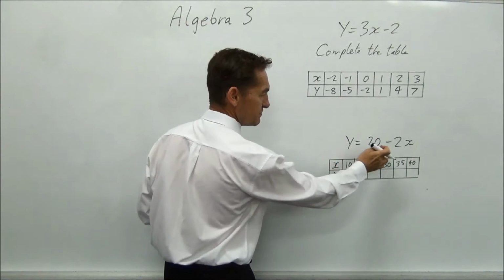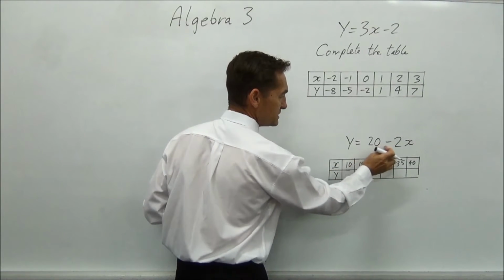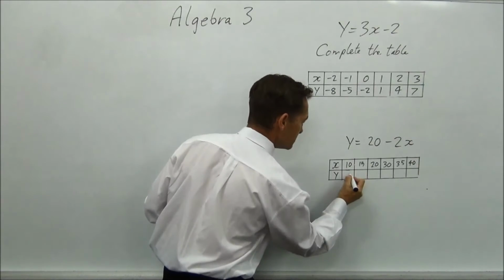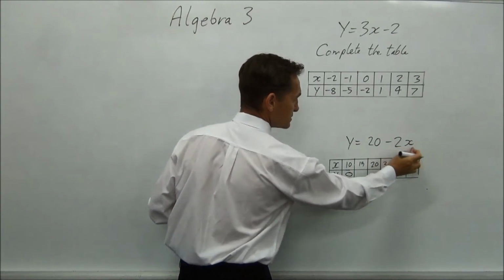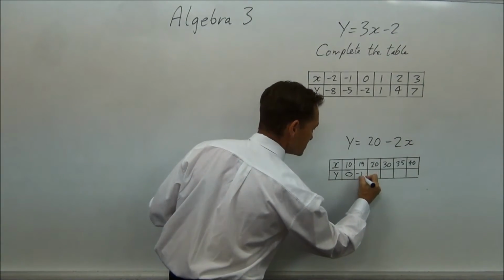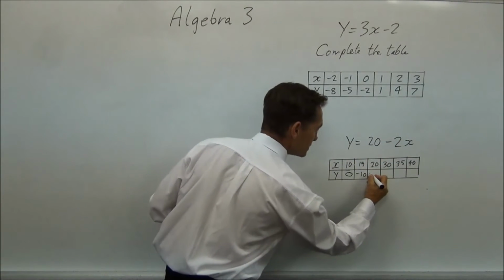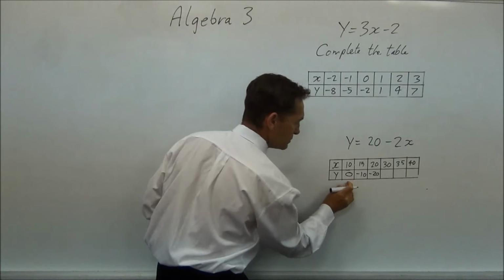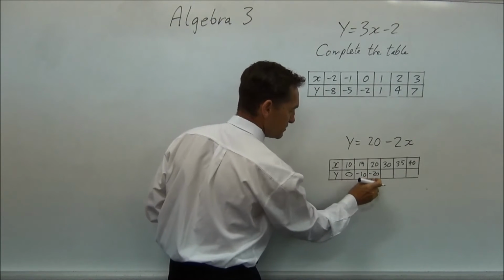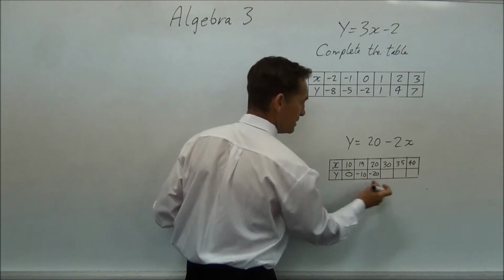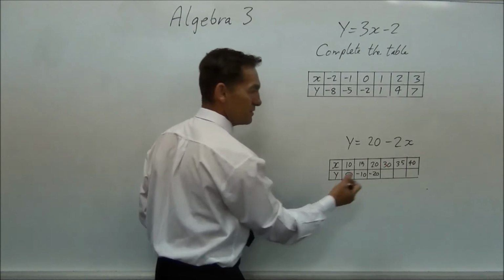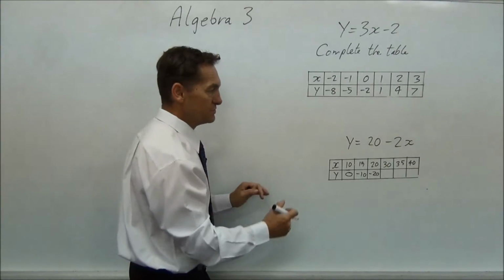So if you put in 10 for here, 20 minus 2 times 10 is 0. 20 minus 2 times 15 is minus 10. 20 minus 2 times 20 is minus 20. And it looks like there's a pattern of minus 10, minus 20, minus 30, minus 40, except now there's a gap. Okay? So you have to do each one.